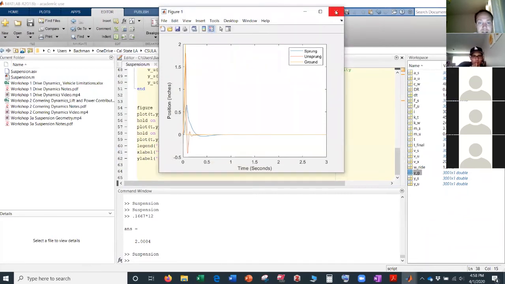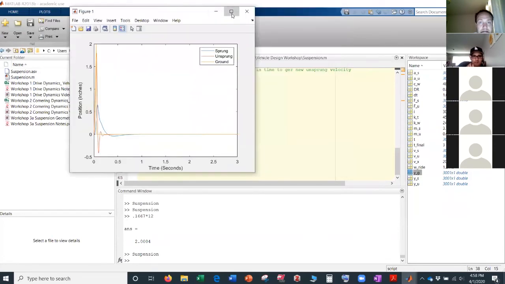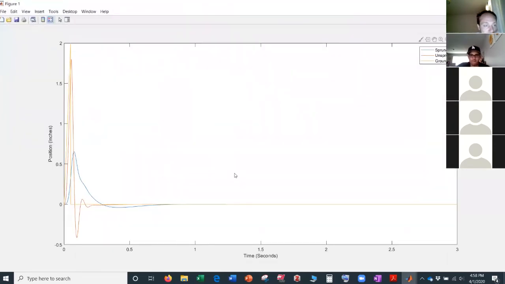Okay, so you see the ground slowly goes up. You see the tire follows it, slightly delayed, right? And then it drops off and the tire drops real quick. It actually compresses into the ground.